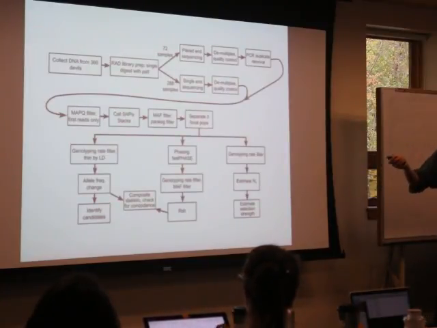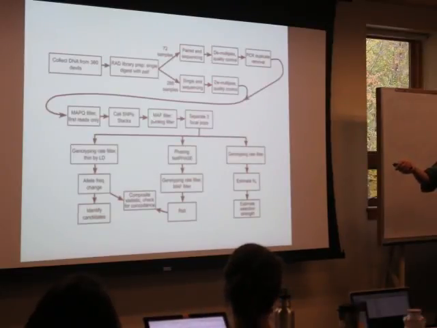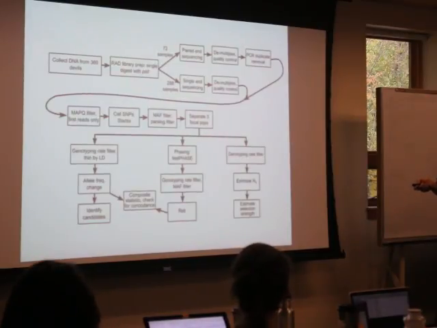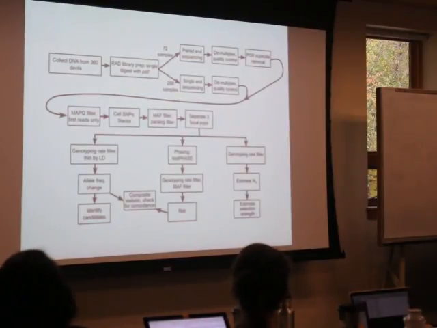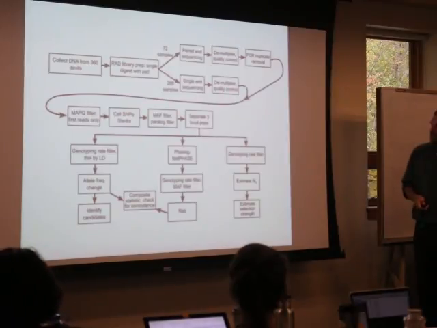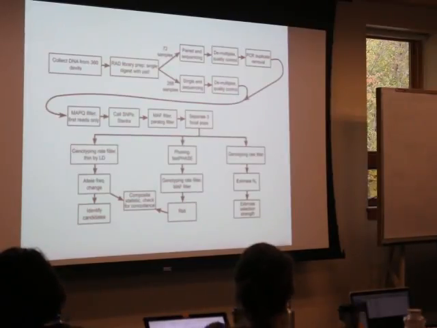Called SNPs using Stacks, filtered by things like minor allele frequency and observed heterozygosity to get rid of paralogs. And then we examined each of these three populations as essentially three independent replicates. And we did a bunch of other filtering and analysis.